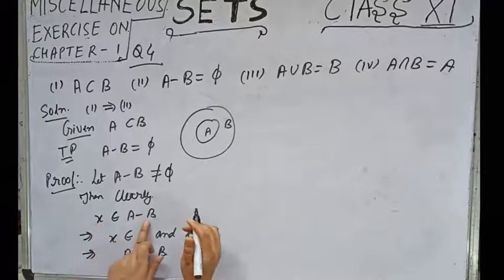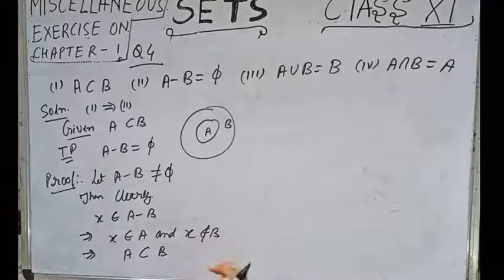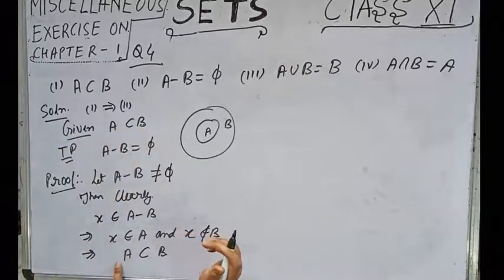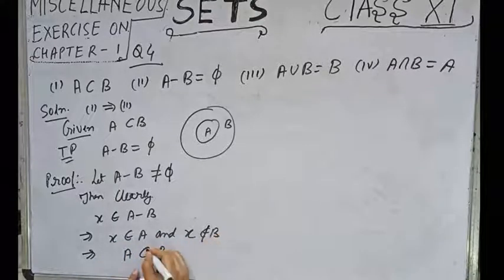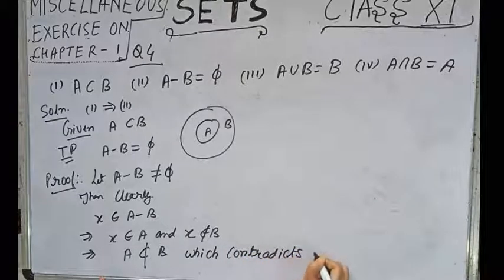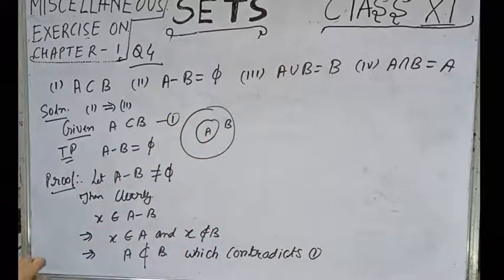Now if X belongs to A minus B, this implies X belongs to A and X does not belong to B. Now in the given part it is A is the subset of B. So this implies we can say that an element belongs to A but the element does not belong to B. Then we can say that A is not the subset of B, which contradicts 1.